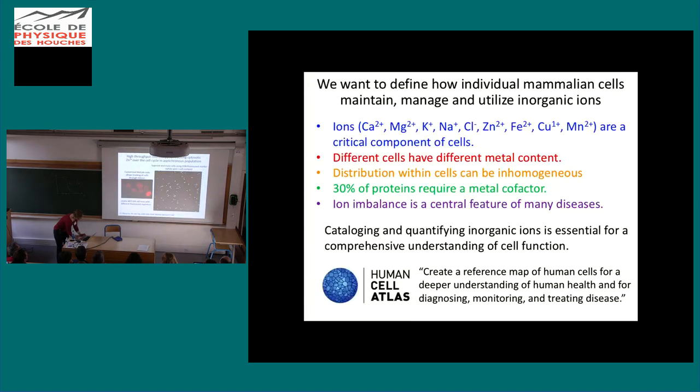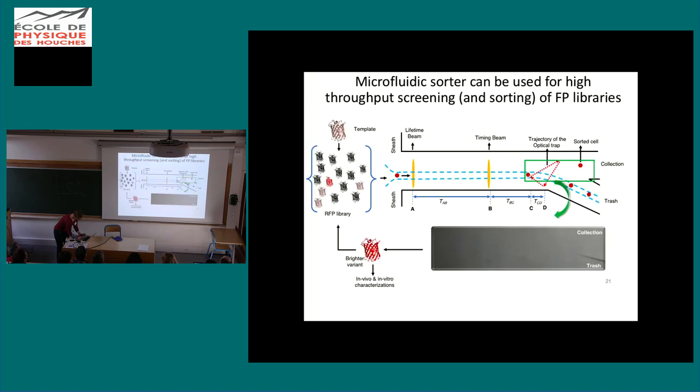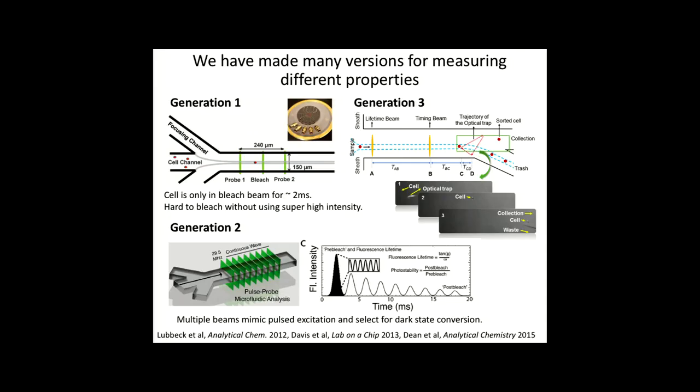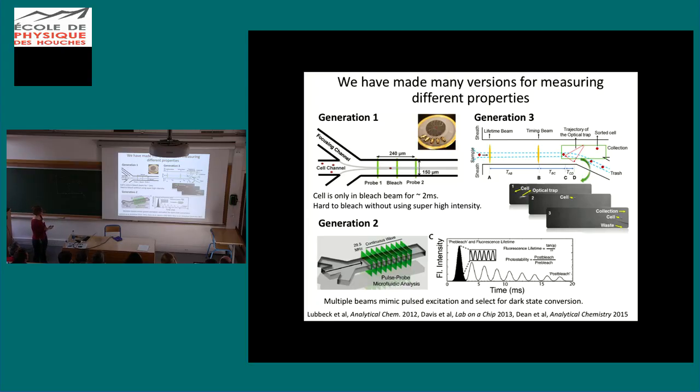Yeah, so I'll take it to here because I think that this might make it easiest. So here's an example. If the cell is flowing, each of these green squares is supposed to represent an excitation beam. So the cell goes through there and you excite the fluorescent protein and then you measure something. In all beams, we're measuring fluorescence emission.